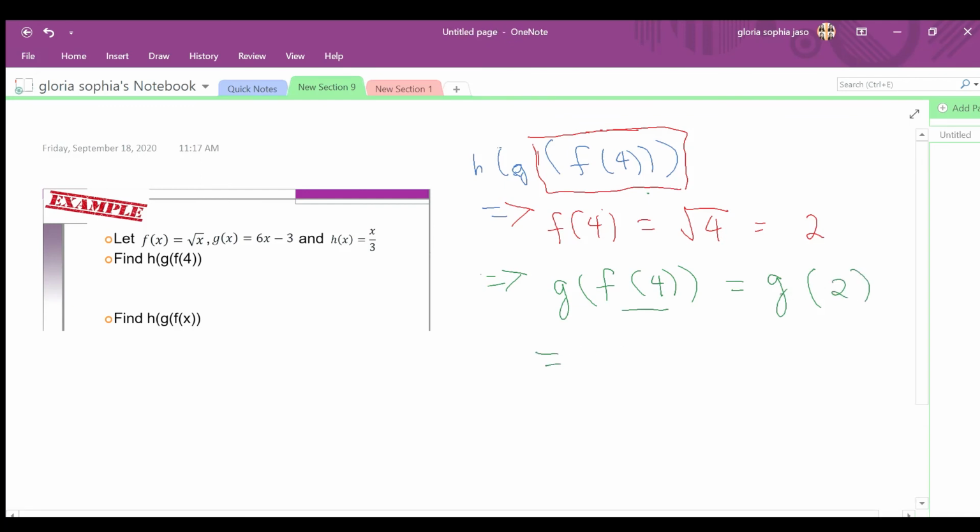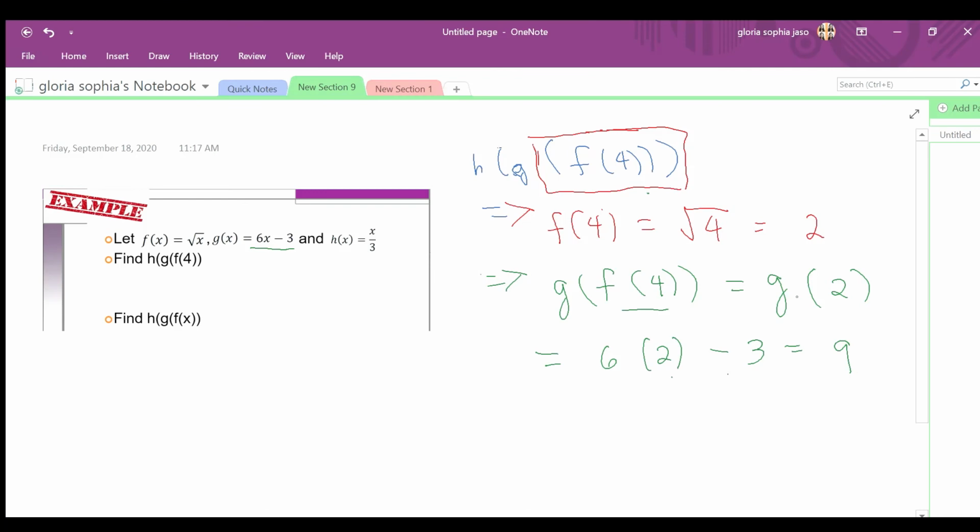Tapos, operate na natin tong g of 2. So, g of 2 natin, ano ba yung g natin? 6x minus 3, class. So, 6, pasok na natin yung 2 natin. Okay, minus 3. Okay, so simplified, 6 times 2, that's 12. Minus 3, so that's 9.